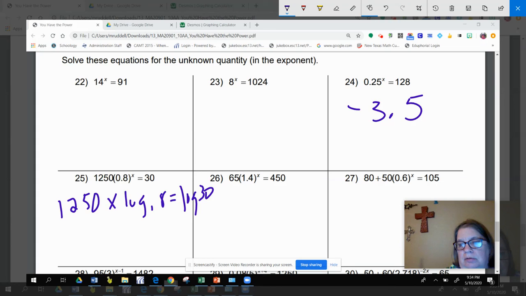So I'm thinking we can just divide log 30 by 1250 log 0.8. This is number 25, so we should get 16.7.